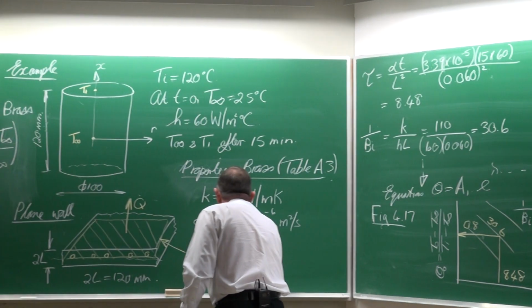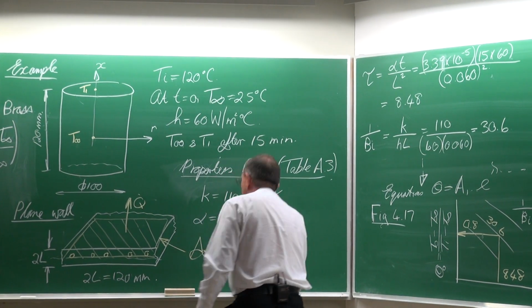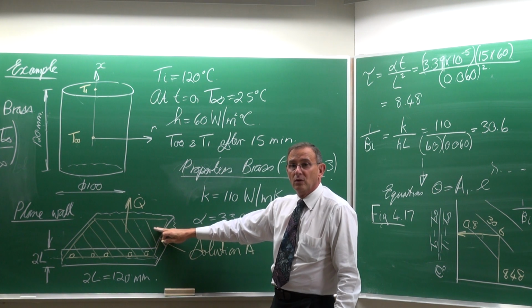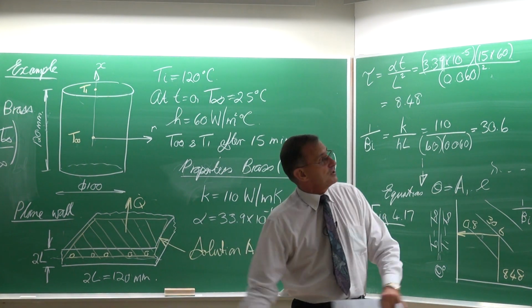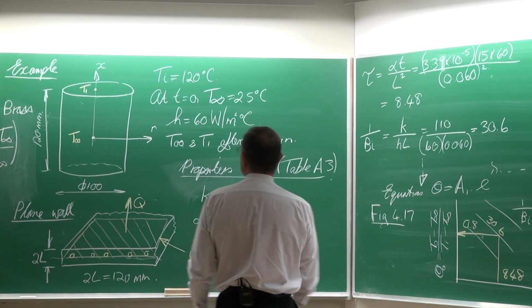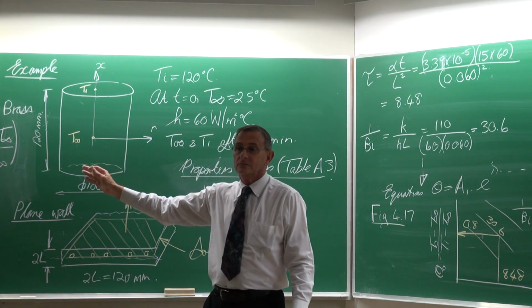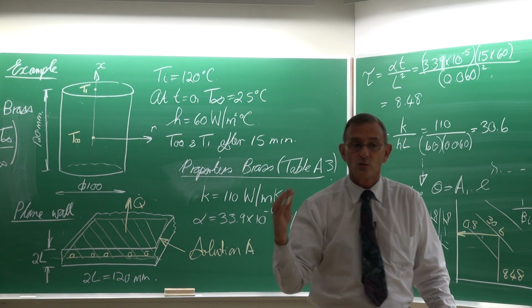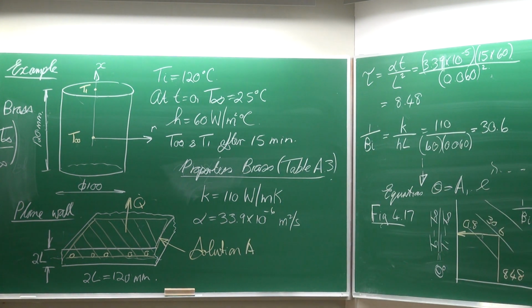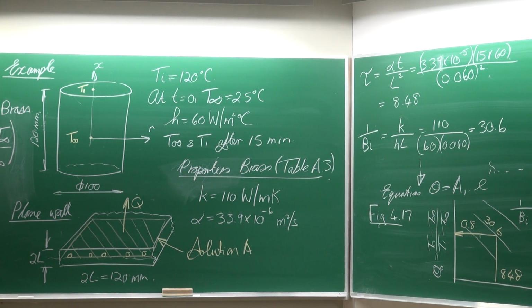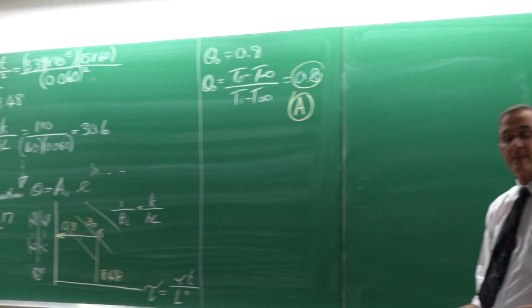It's the solution of a plane wall. But that temperature is not anywhere on this short cylinder yet, because we are not doing the short cylinder, we are doing a plane wall. Okay, that's the first part of the problem.